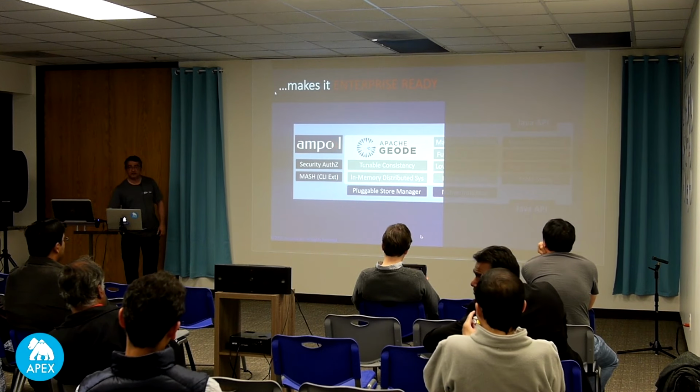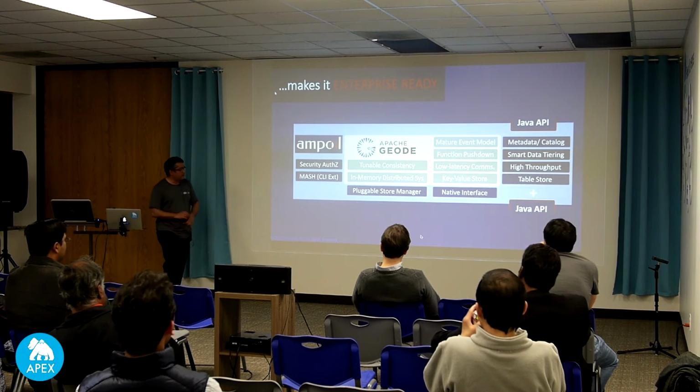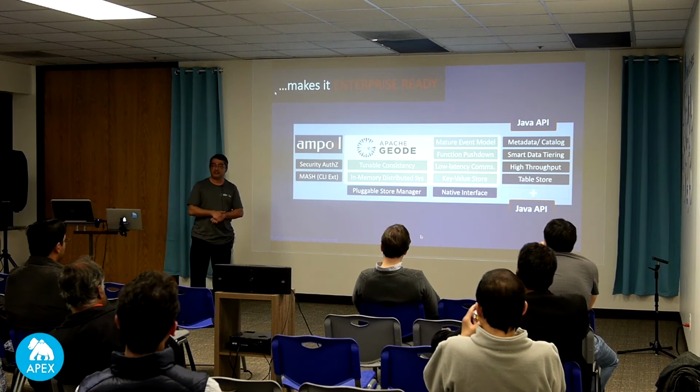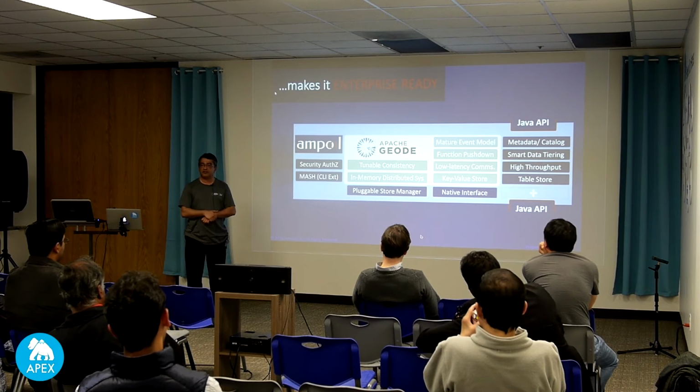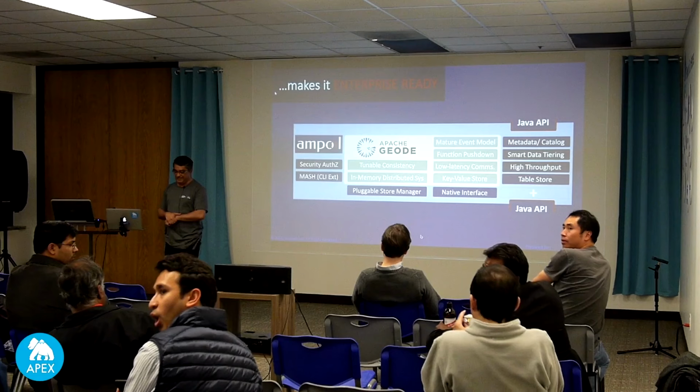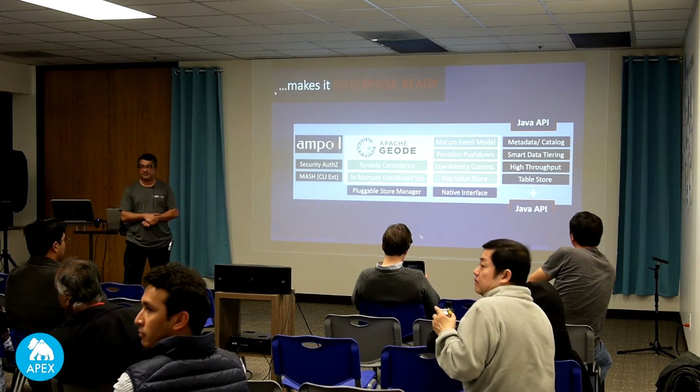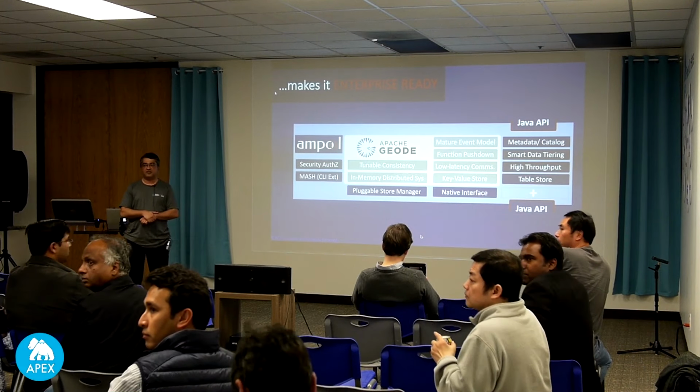What do you mean by native interface there? Sure. Native interfaces... Java API is our default API for connecting with other stores that have been written using Java, such as HDFS, HBase, Hive, ORC, et cetera.